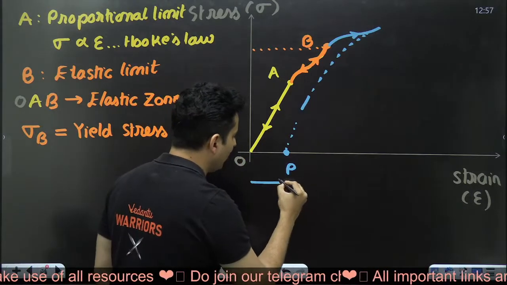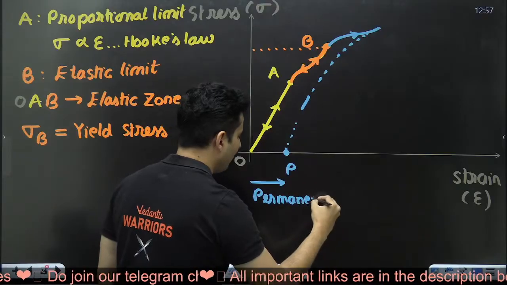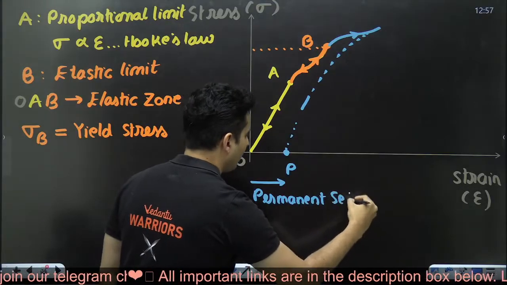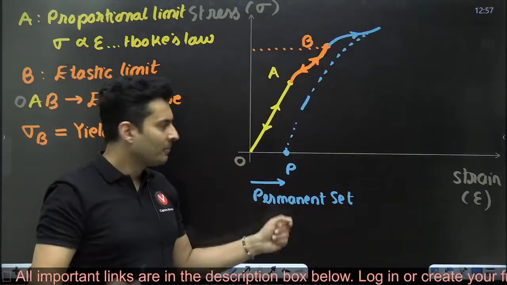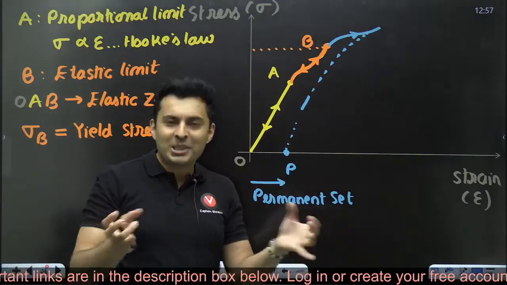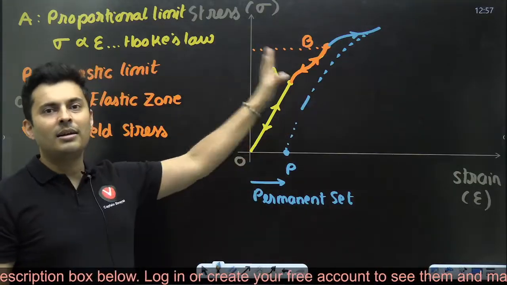This is often called permanent set or permanent deformation. You can see there is no force from outside because stress is gone, but strain is there. That means elongation or deformation is there. So it has been permanently deformed.